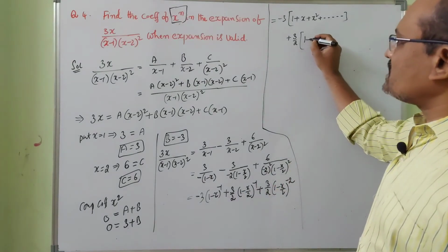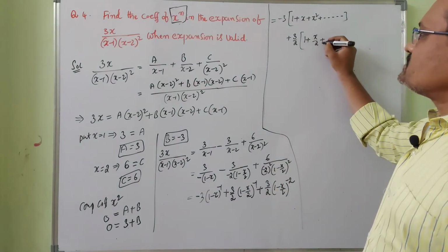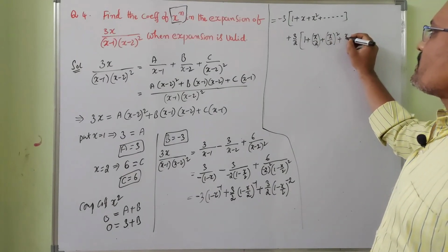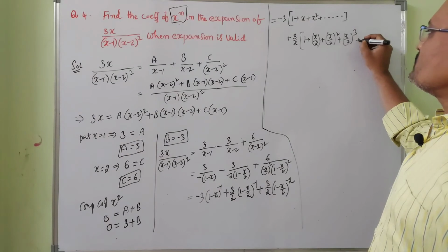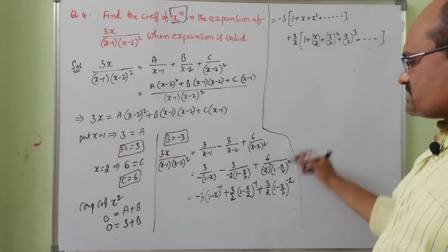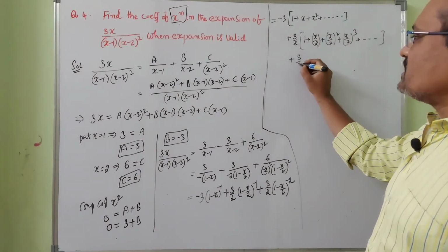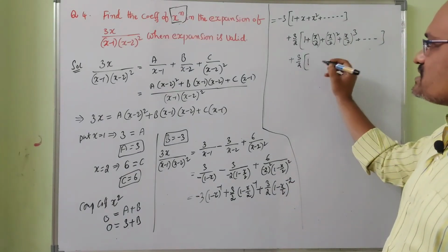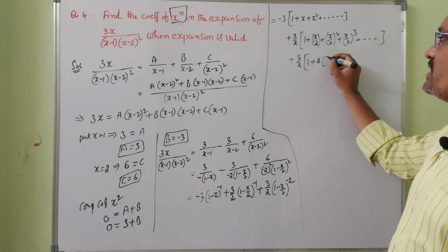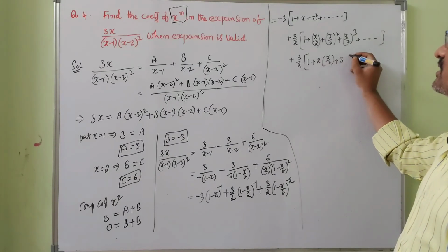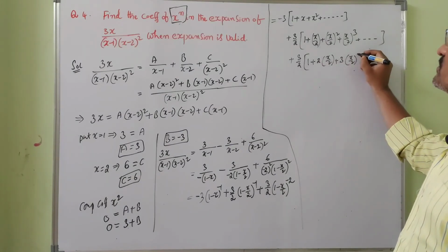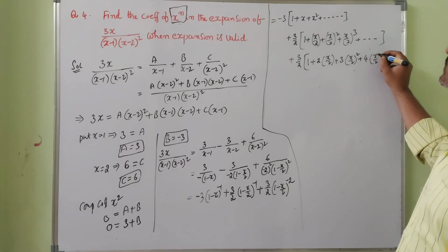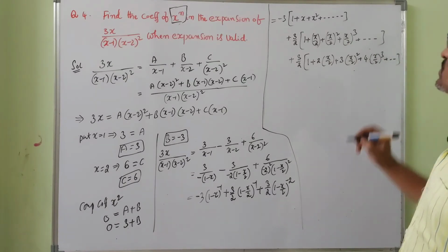So expansion will come same, x by 2 plus x by 2 whole square plus x by 2 whole cube plus so on. Next plus 3 by 2 into, this is whole power minus 2. So expansion is 1 plus 2 into x by 2 plus 3 into x by 2 whole square plus 4 into x by 2 whole cube plus so on.